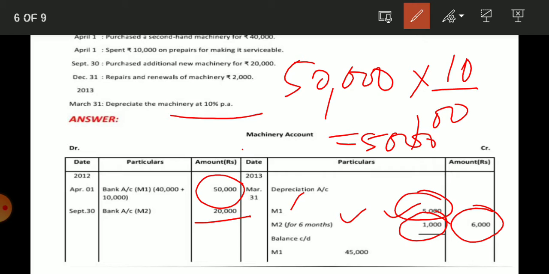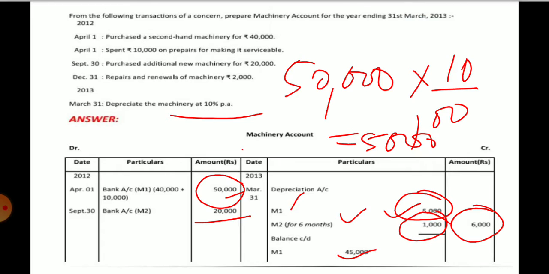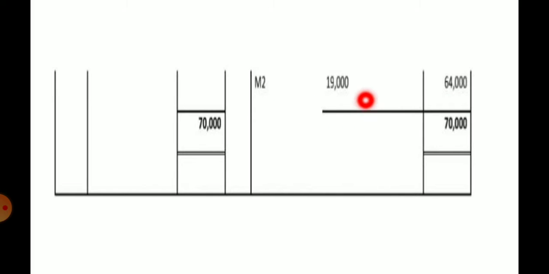So the balance of the first machinery is 45,000, as 50,000 less 5,000, and in the next machinery only 19,000 is left, because for this year we had to charge only 1,000.